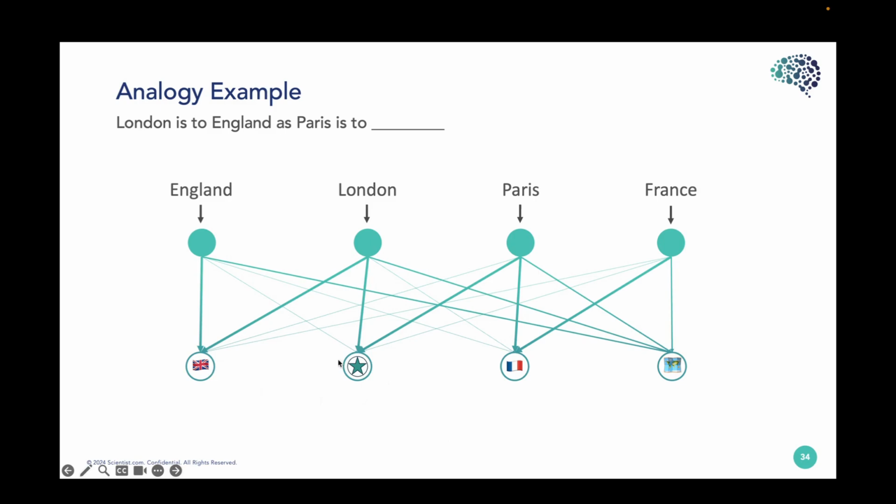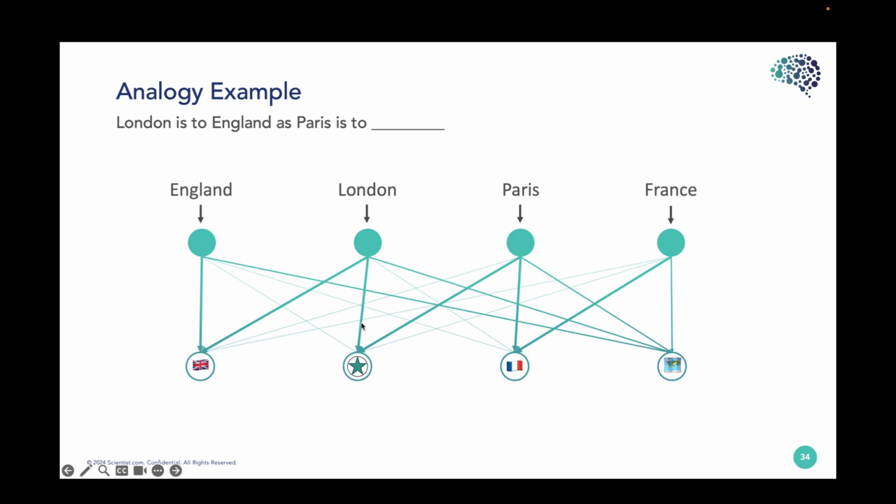One is going to relate to capitalness, Frenchness, and placeness, right? England and London are going to end up more closely coupled to the node that represents Englishness. And once again, this is a naive way of talking about it. It could be multiple nodes. But because England and London are going to appear in context with other words that are English more often, they're going to end up with stronger connections to that node.